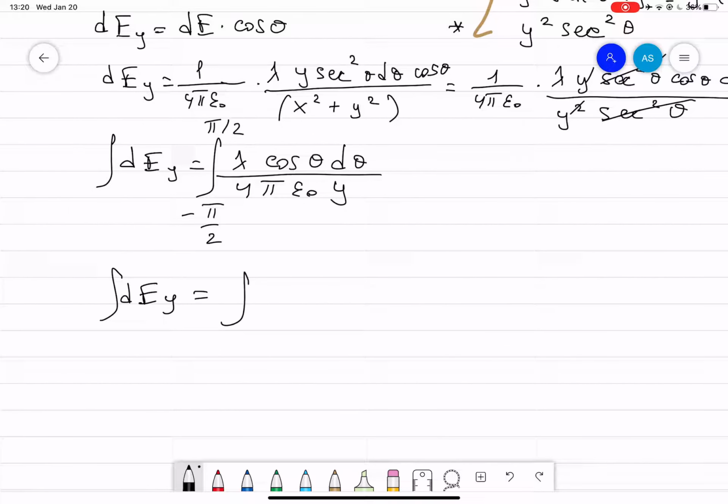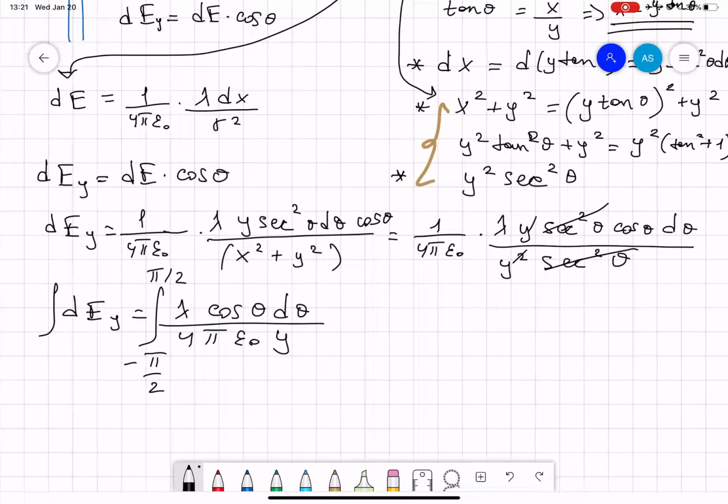So 2 times lambda cos theta d theta divided by 4 pi epsilon naught y, with limits from 0 to pi over 2. This is another way of solving, but we will stick with the one we are solving here.